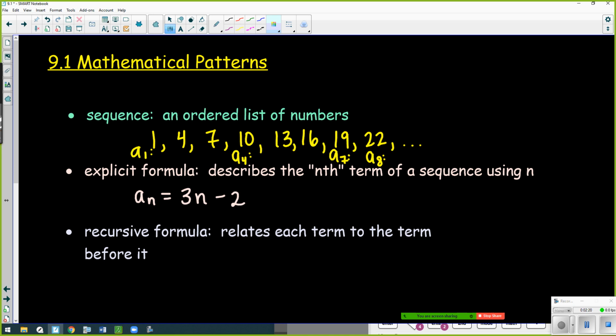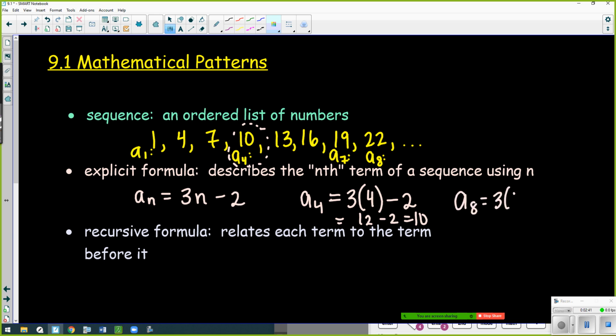But for example, a sub 4: I know that a sub 4 is 10, and did that come from 3 times 4 minus 2? Yep, 12 minus 2 is definitely 10. Let's test another one. Is a sub 8 really 3 times 8 minus 2? Yep, 24 minus 2 for sure is 22. Okay, we'll come back to how to come up with these explicit formulas in the upcoming chapters.